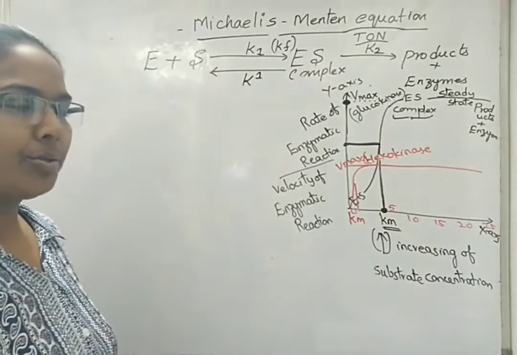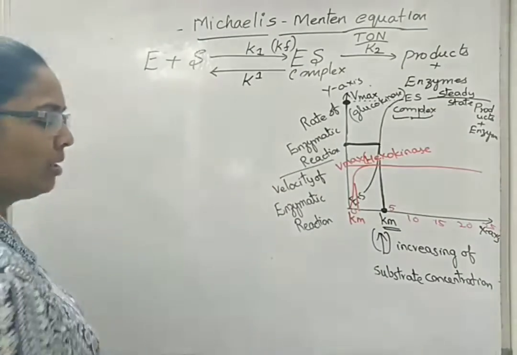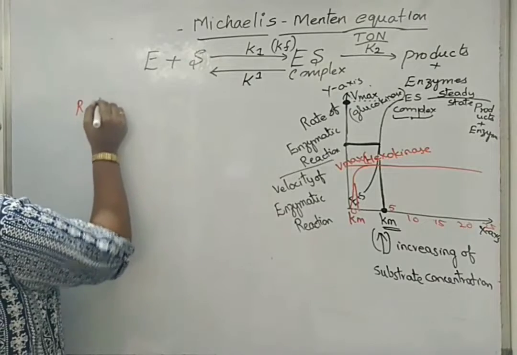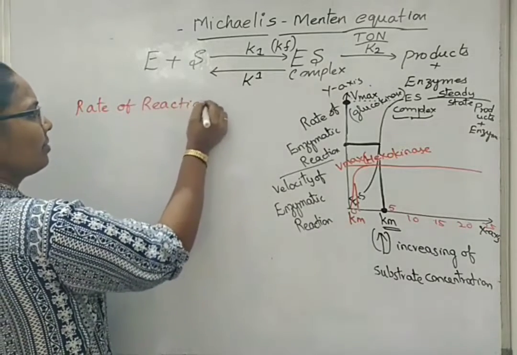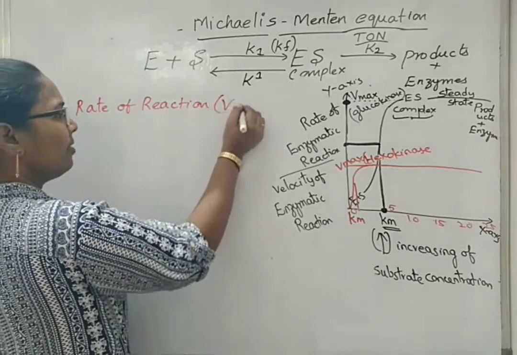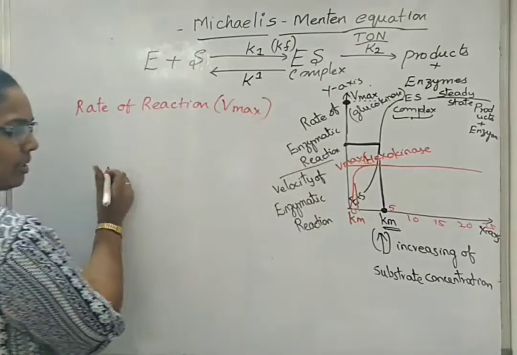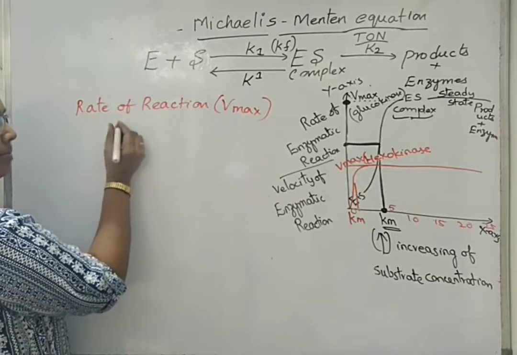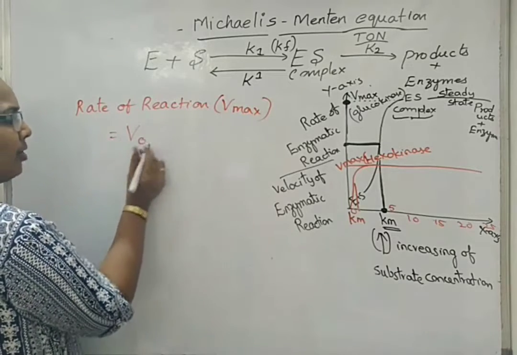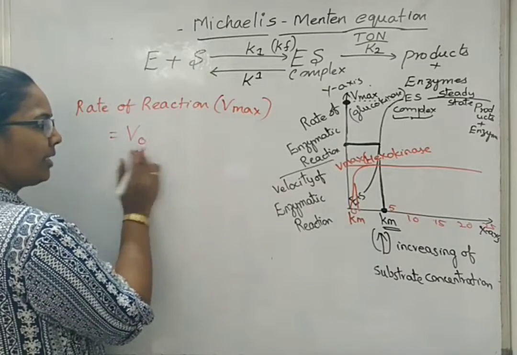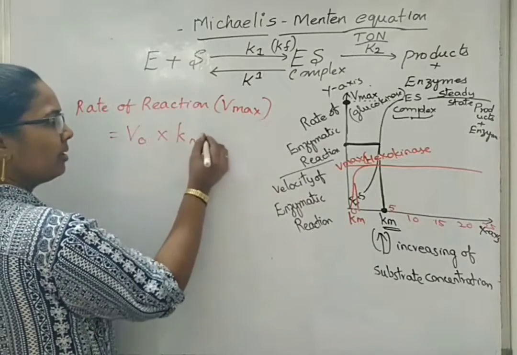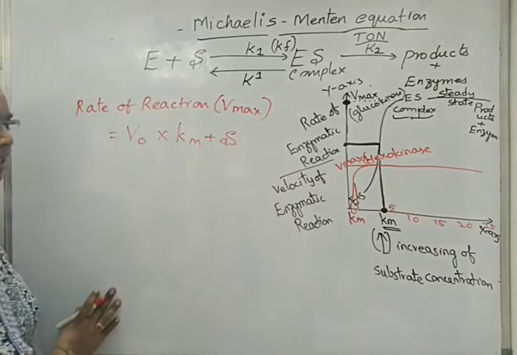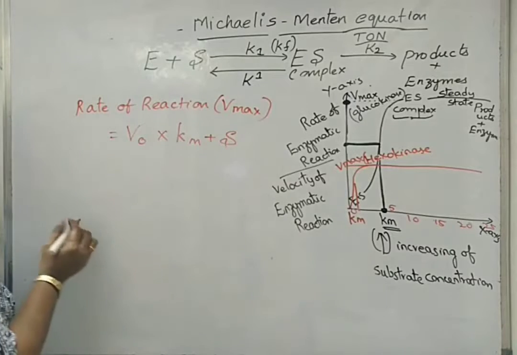Another equation is also seen in some of the practice books, that is the rate of reaction, about maximum velocity. The equation can be V0, the velocity of the reaction at initial timing, into whatever the Km value may be plus the number of substrates that are getting involved in the reaction.